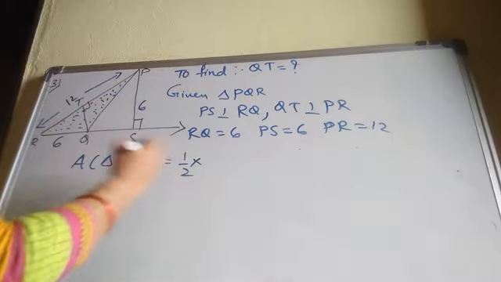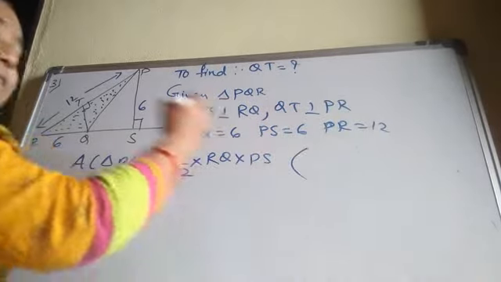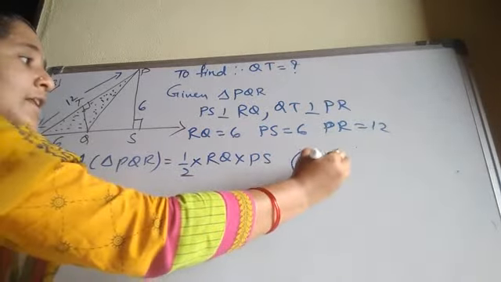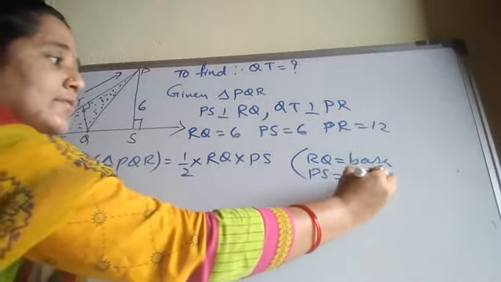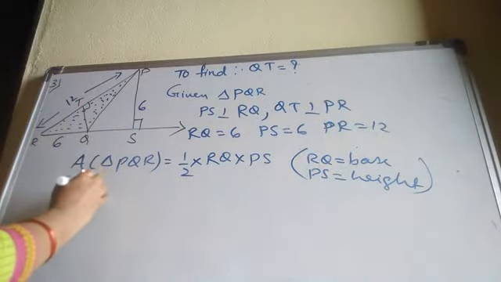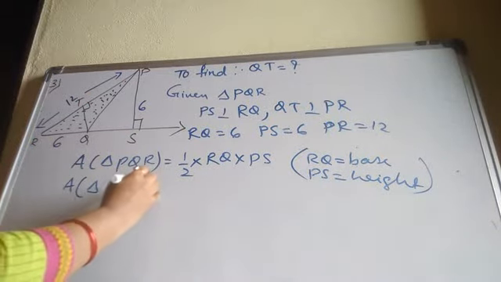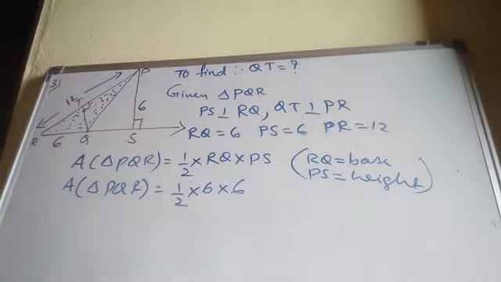RQ. Here base RQ into height PS. If you are having any doubt, write on the side: RQ equal to base, PS equal to height. Area of triangle PQR equal to half into 6 into 6. RQ is 6, PS is 6.